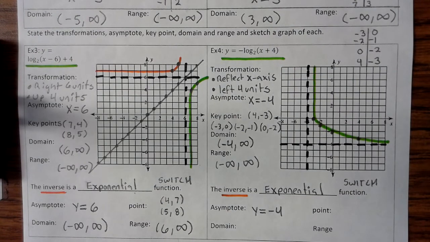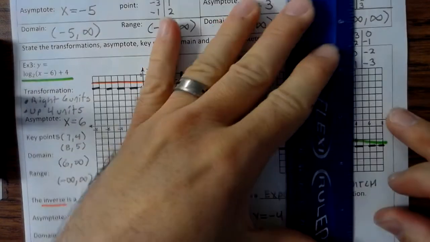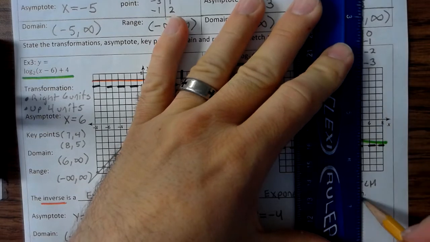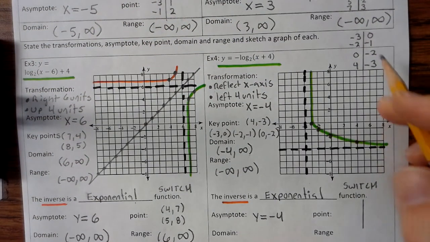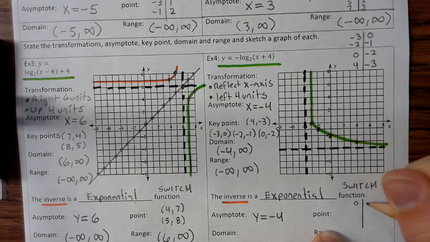Okay, now the points which were -3, 0 now are 0, -3, -1, -2, -2, 0, and -3, 4.